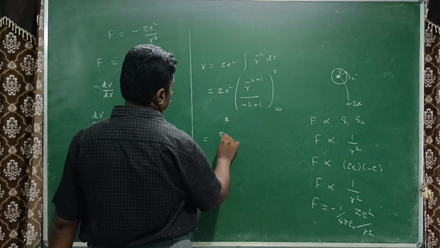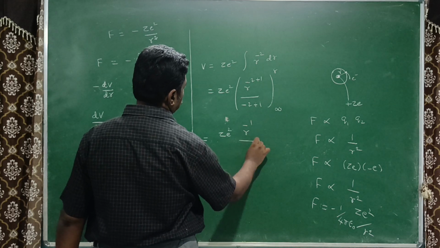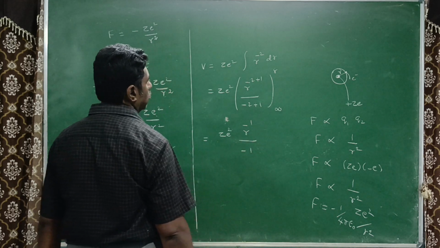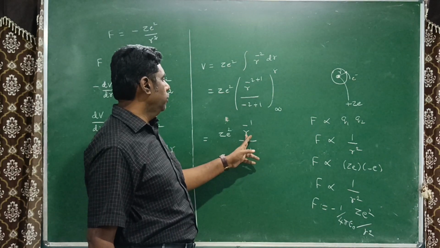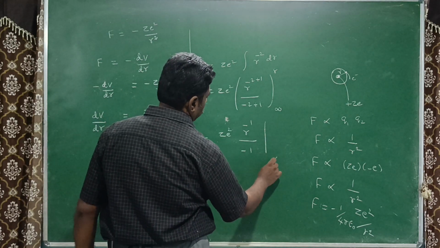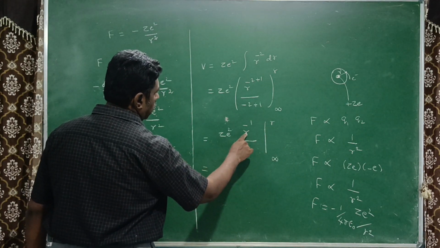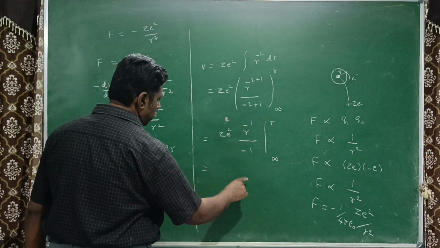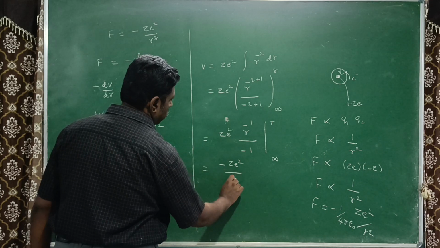This is Z e square, r power minus 1 divided by minus 1. Finally, we will apply the limit. r power minus 1 is 1 by r. Keep this negative sign here: minus Z e square divided by r.